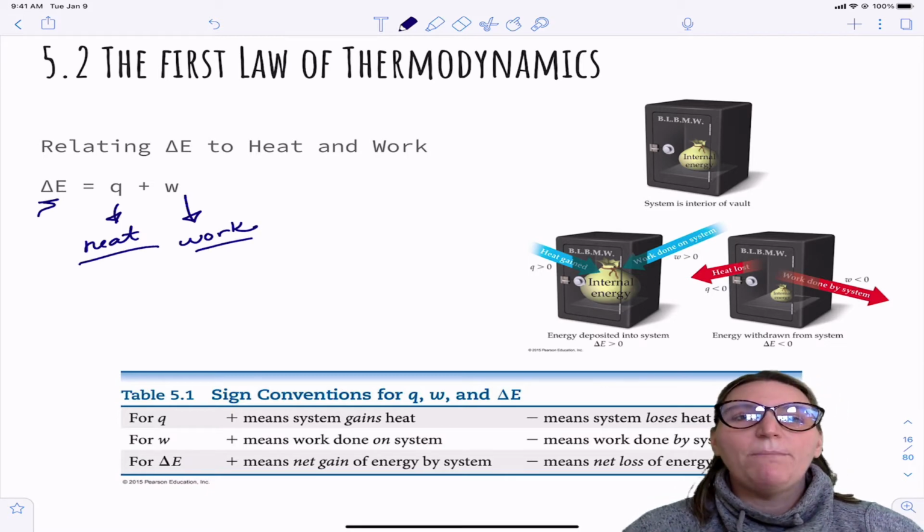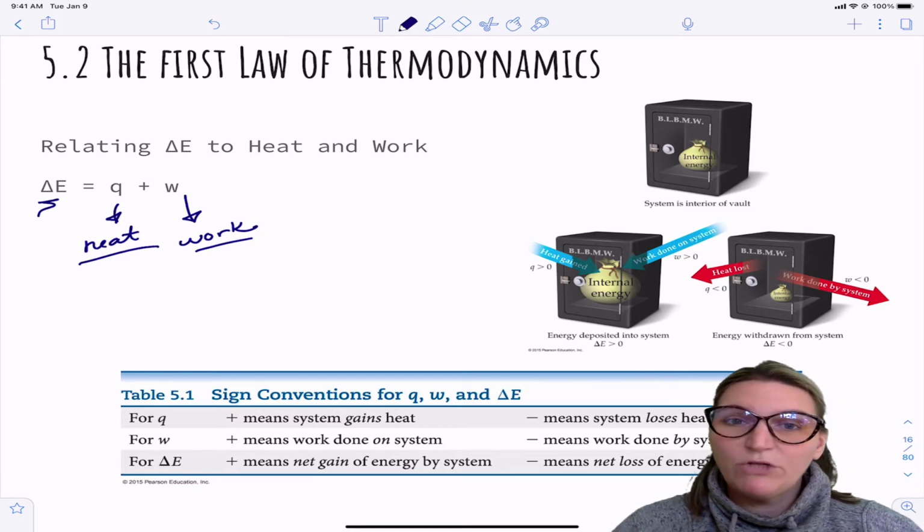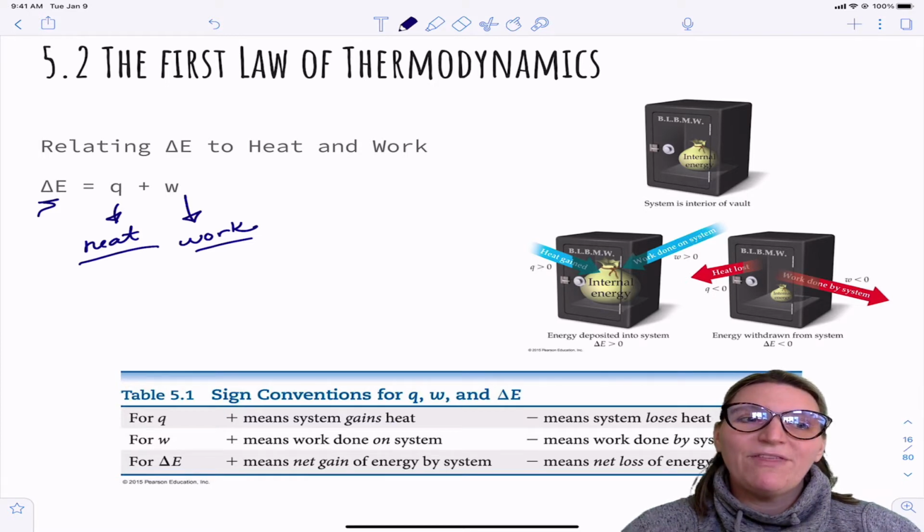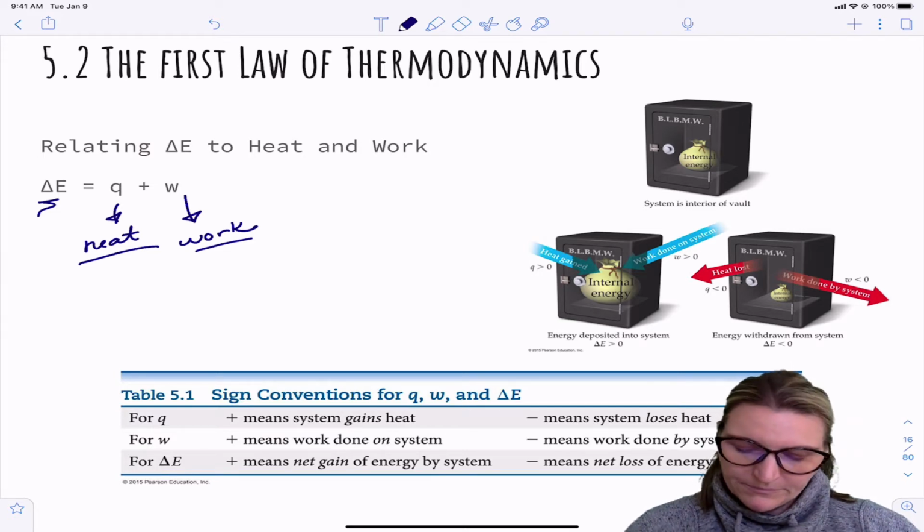If you think about the explosion or the reaction of hydrogen gas and oxygen gas making water, that's going to produce an awful lot of heat. But if that is contained in some way, it can also do some work.